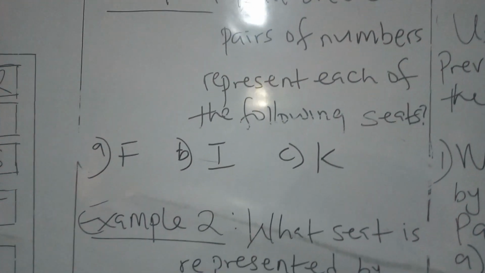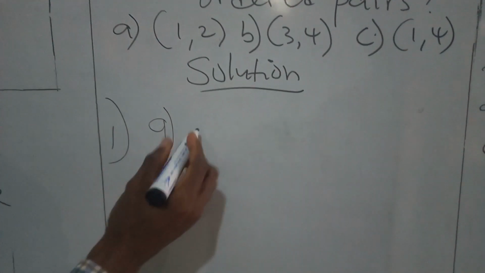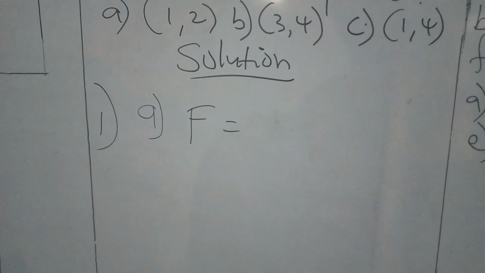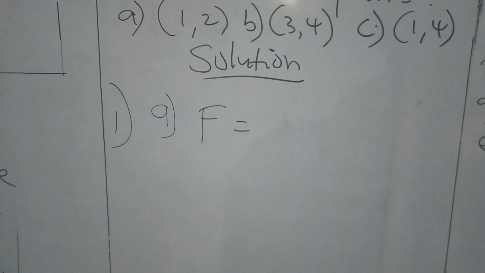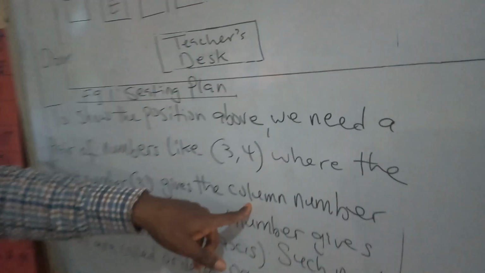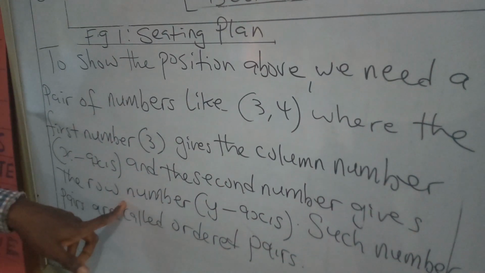For the first example, which is 1, we have A, and we are starting with F. Remember, if we are to determine the position, we are going to start with the column number, and when we are done with the column number, we move to the second number, which is called the row number.